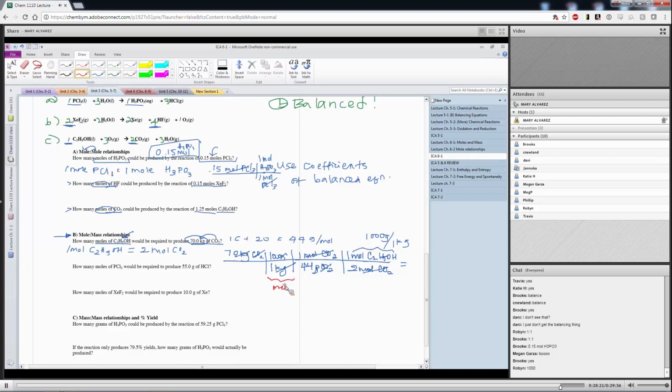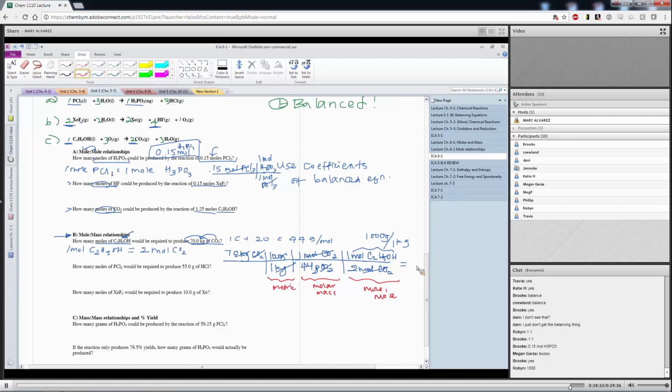You guys know from chapter 1, you memorized it forever ago. This is just your molar mass conversion that we did at the very beginning of class today. And then this finally was your mole to mole conversion that we had to use our coefficients of the balanced equation to get. So we're stacking conversions that you guys know how to do, each one individually. We're just going to stack them all up to get the answer we're looking for.